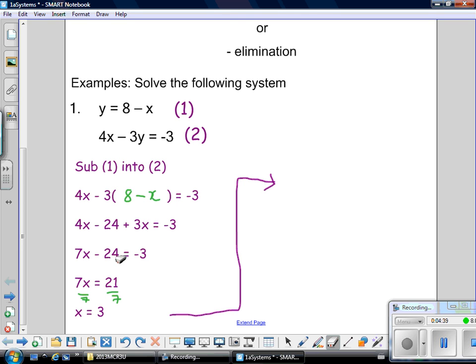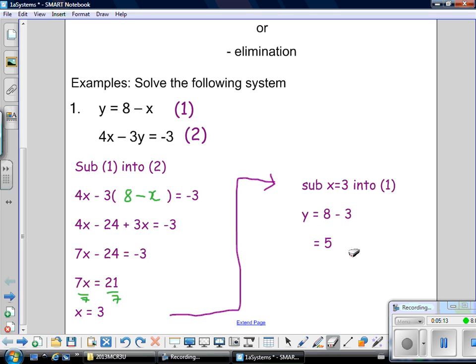I'm going to take this x equals 3 and substitute it into one of these equations. Remember, I'm after y, so it makes sense in this case that I choose equation 1. So I'm going to say sub x equals 3 into number 1. And when I do that, I end up with y equals 8 minus 3, which is not too bad. And 8 minus 3 is 5.